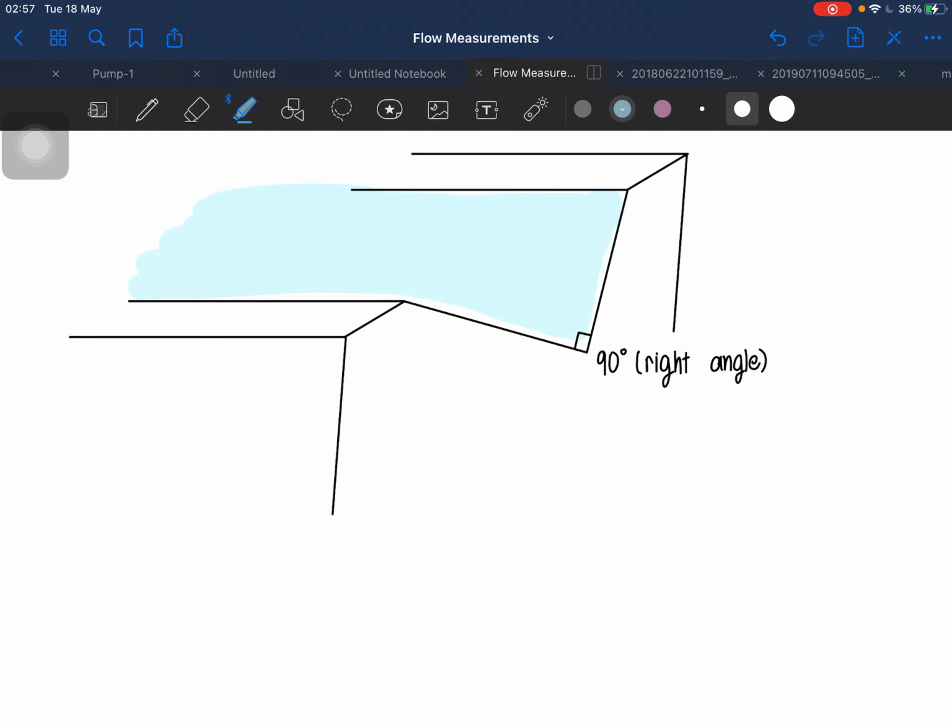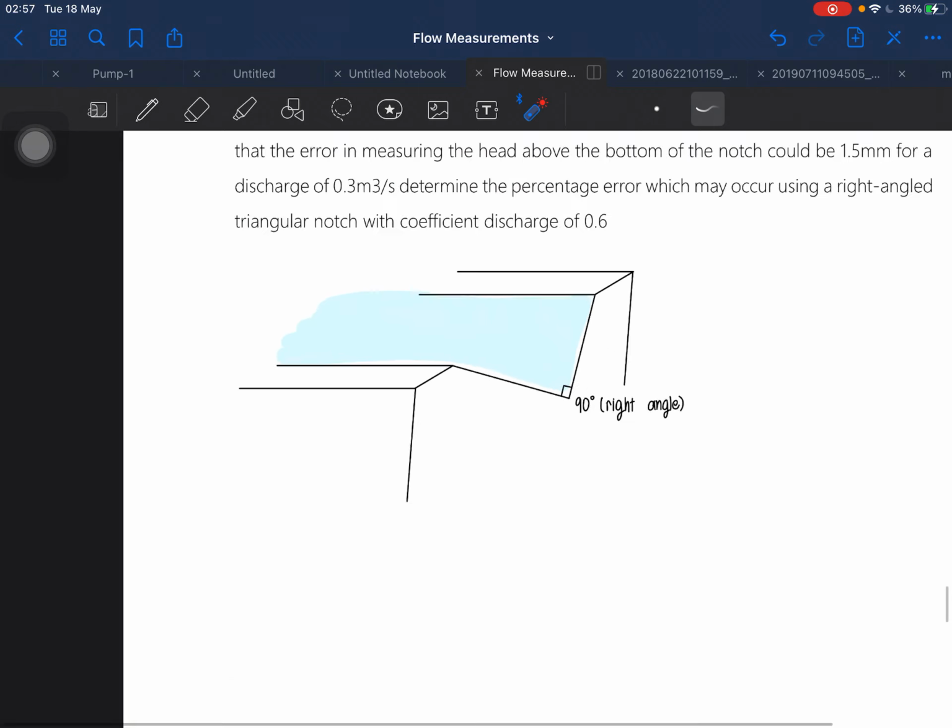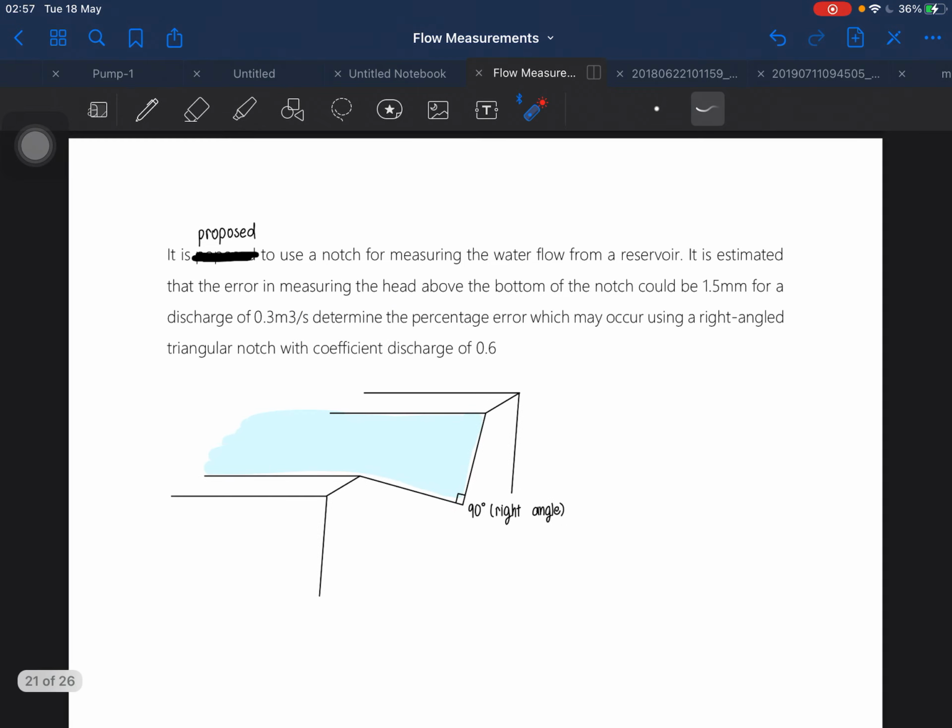The error measuring the bottom of the notch would be 1.5 for a discharge of 0.3 cubic meter per second. And they're asking the percentage error which may occur using a right angle triangular notch here.